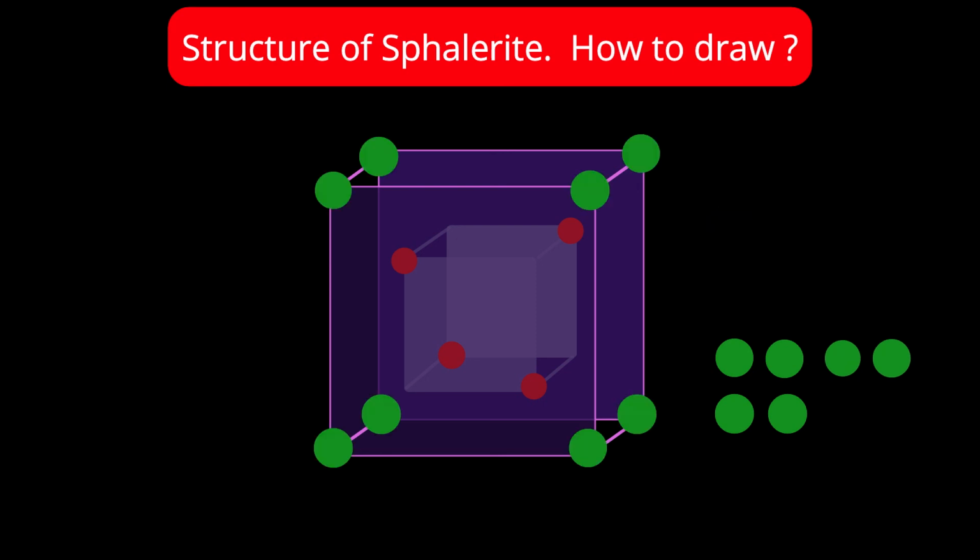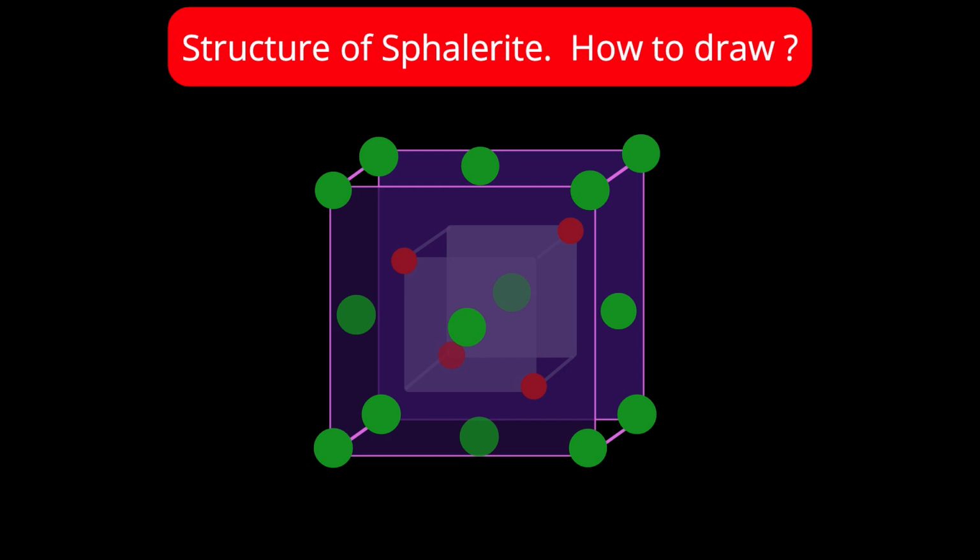Then out of 14, 8 sulfide ions I am placing at the corners of the large cube. Then I placed the remaining sulfide ions at the center of each face of the cube. Can you imagine properly?